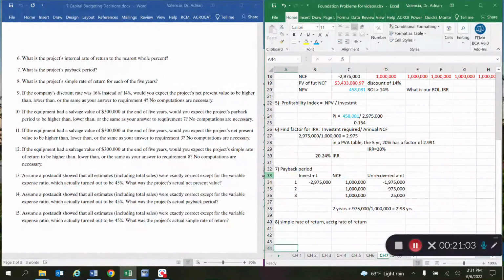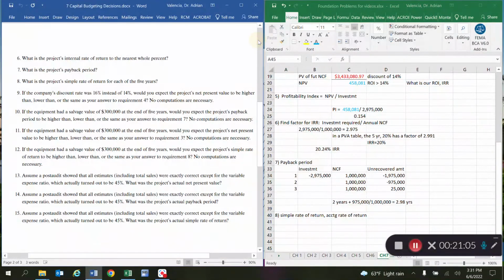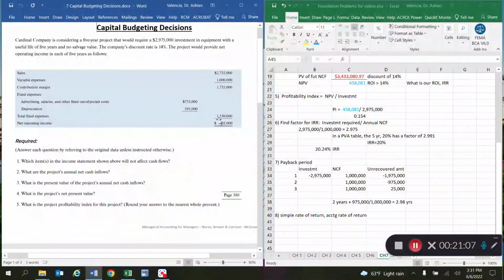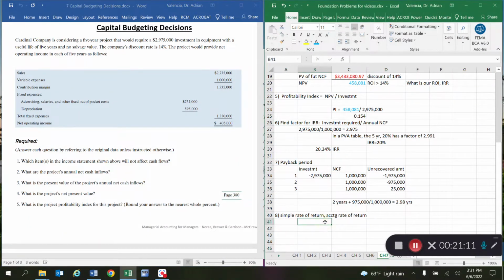But basically the idea here is, let's take the financial reporting information of $405,000. Okay, so let's call this the rate of return. Let's take the net operating income per period, and then divide that by our investment.